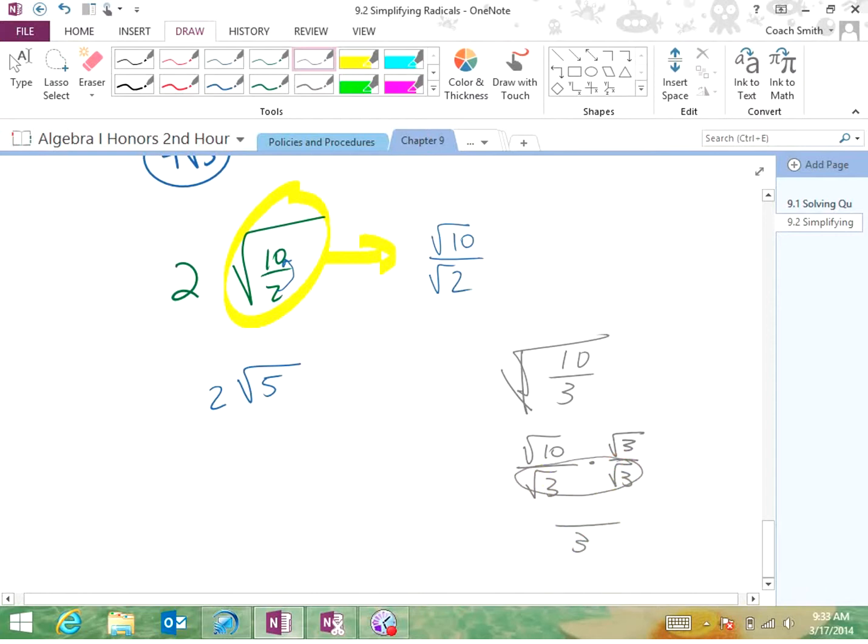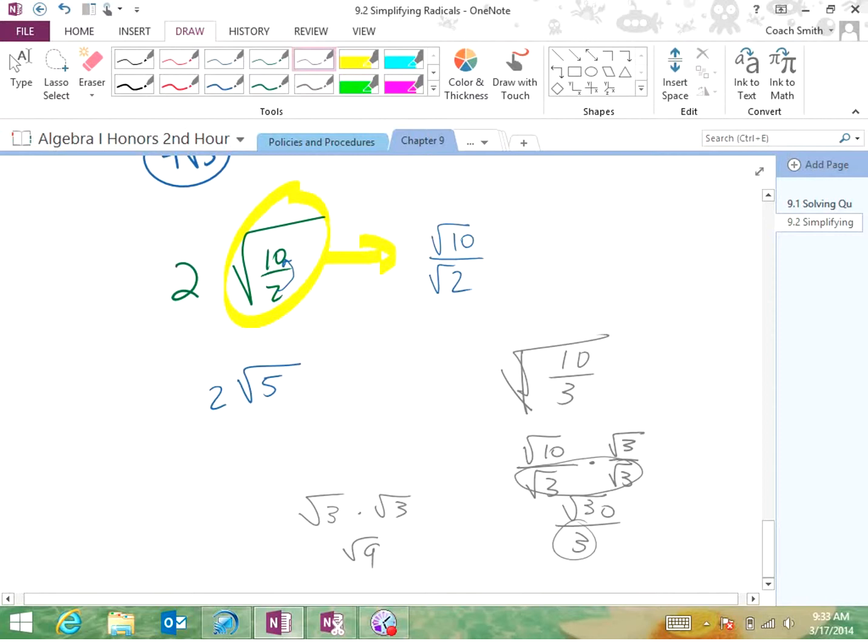Because if I take the square root of 3 times the square root of 3, that's the square root of 9, right? Well, it doesn't matter if it's on the top of a fraction or the bottom of a fraction. It's still 9, and the square root of 9 is 3. That's how you get that 3. And then on top, you have the square root of 30.